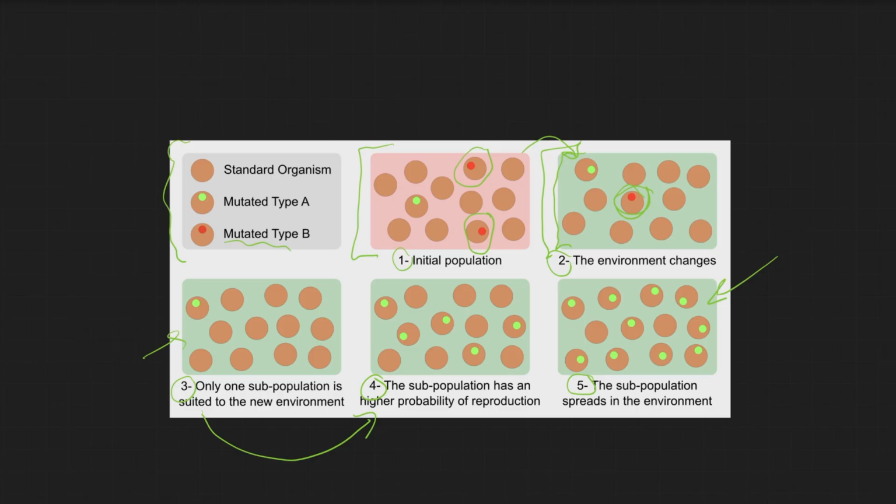Now mutation type A becomes the standard organism. As you can see, it has taken over the environment. You have a lot of green organisms, and now the standard organisms are in minority and the mutation type B has completely disappeared. So in a nutshell, this is how evolution works, and this is the mechanism that we are going to use in genetic algorithms.